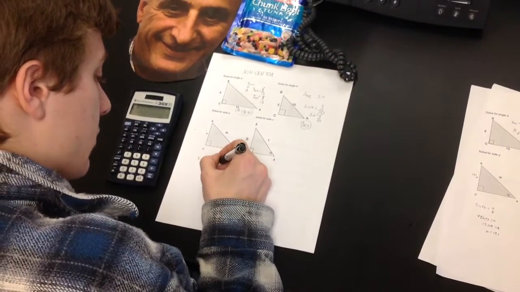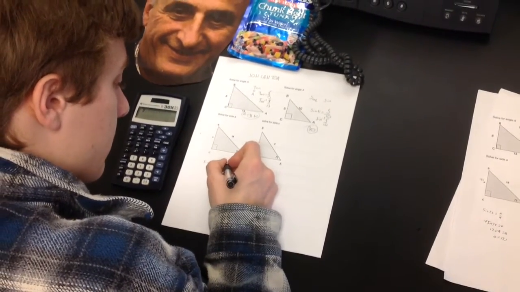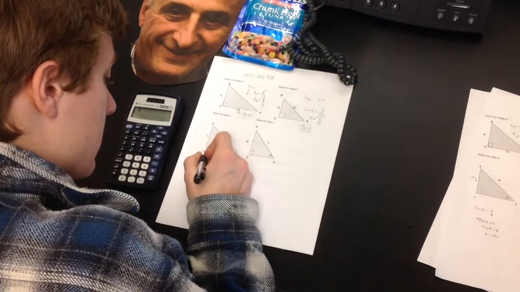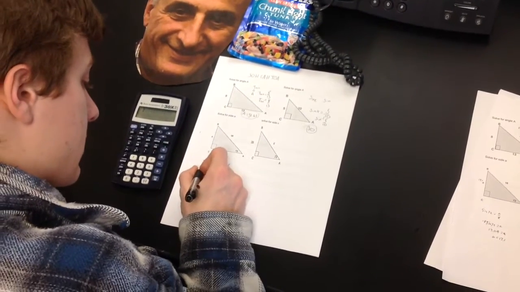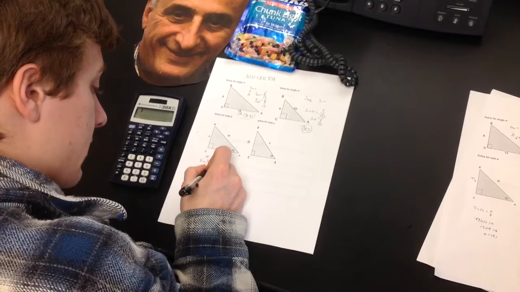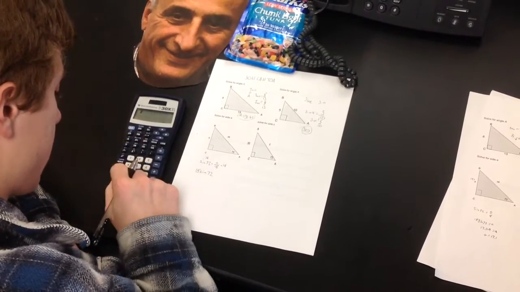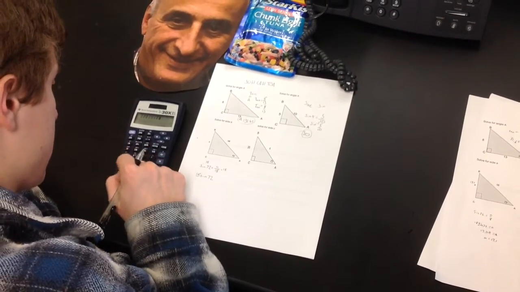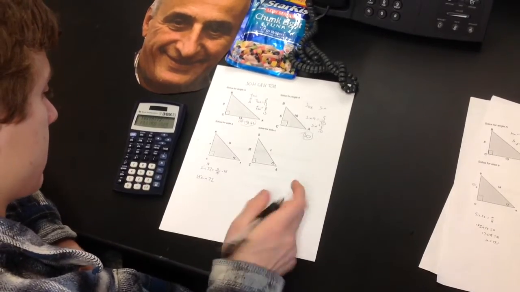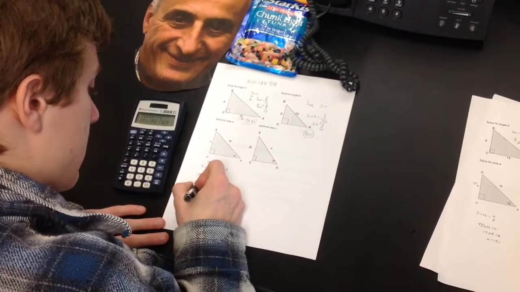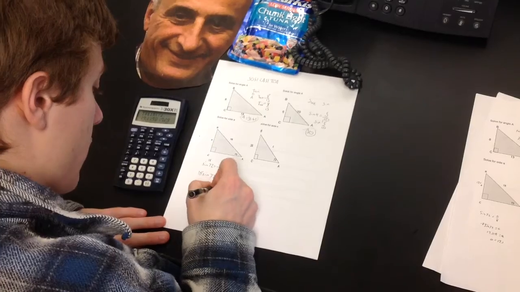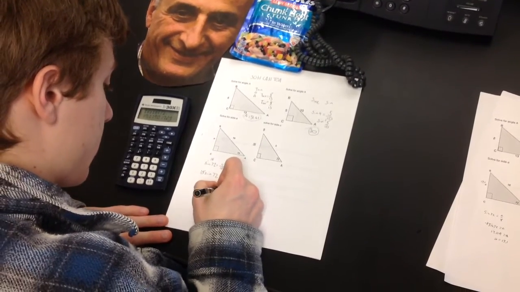And then we're going to multiply both sides by 18. Get 18 sine 72. Just plug that right in. A equals 17.11 or so, rounded.